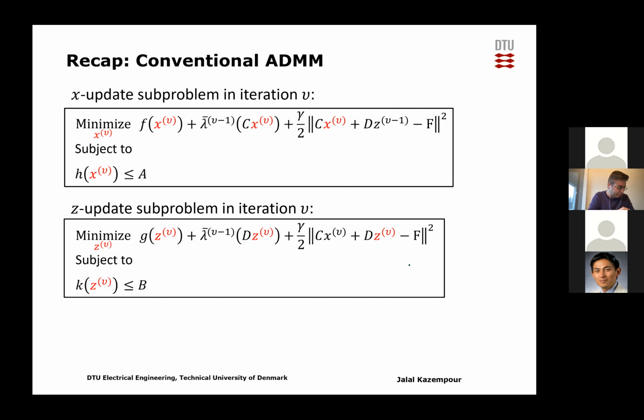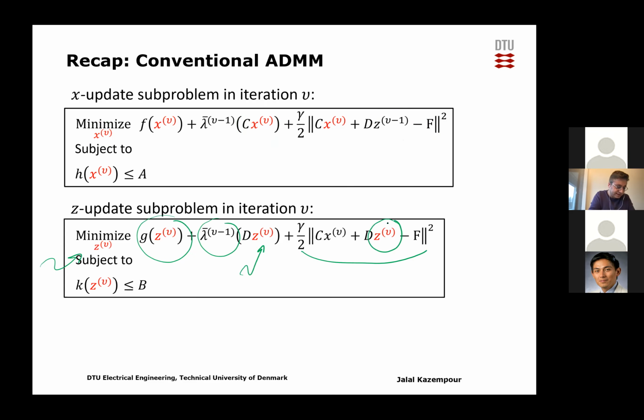Similarly, we do the same for z. So we have the z update subproblem. The original objective function, the fixed dual variable coming from the previous iteration, the z dependent term from the complicating constraint, and our penalty term.